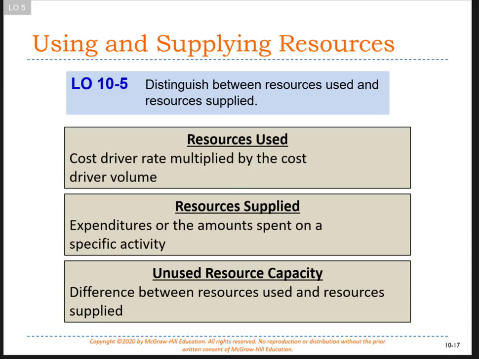So there's a difference between the resources we supply, meaning we paid for, people, space, machines, any of those, and we have to pay for those on a fixed basis, but how much of that is being used varies, okay?